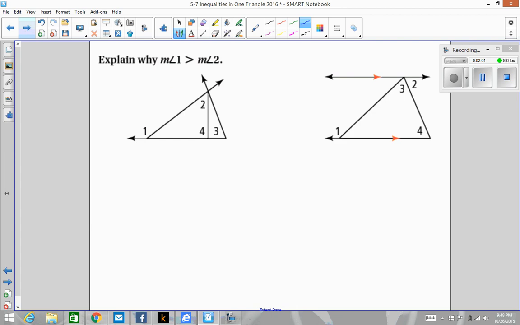So let's apply this right here. Try these two, see if you can show and explain why angle 1 is greater than angle 2. If you have any problems with these, make sure you ask when you get to class so we can go over these.